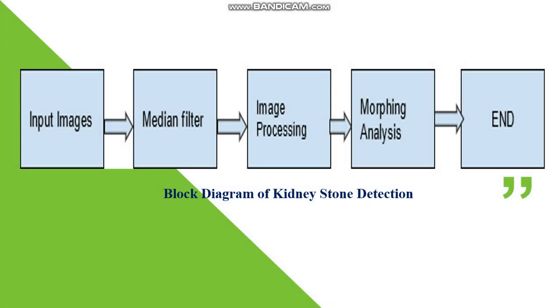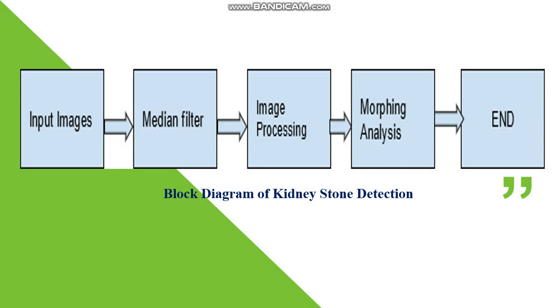So this is our proposed block diagram. In our block diagram there are 4 parts. First is input images, second is the median filter, third is image processing, fourth is morphological analysis, and last is the end of the process.